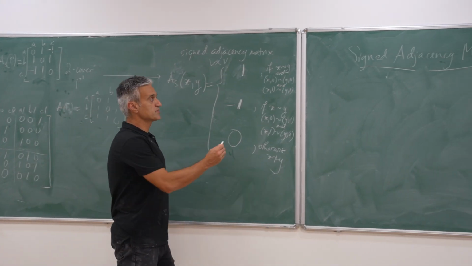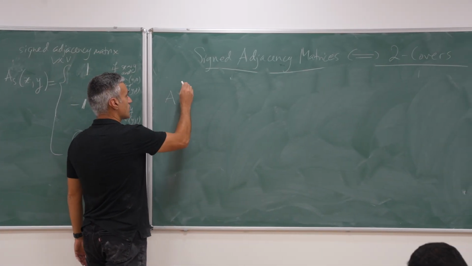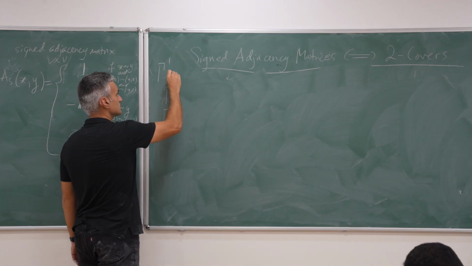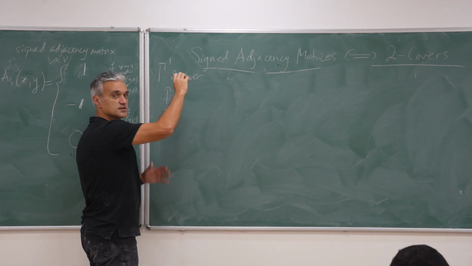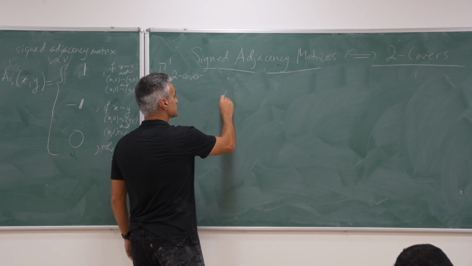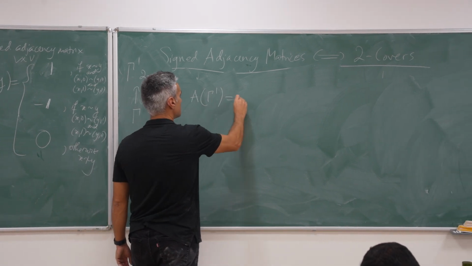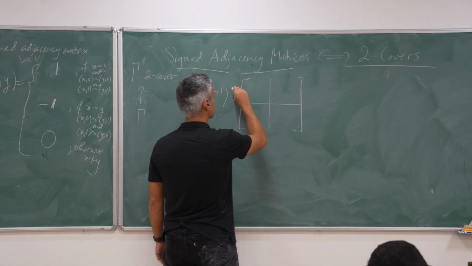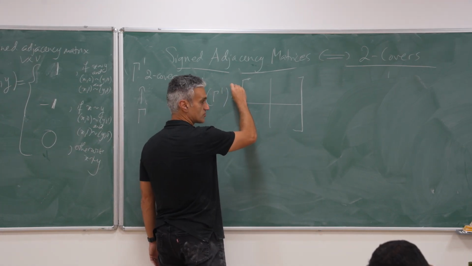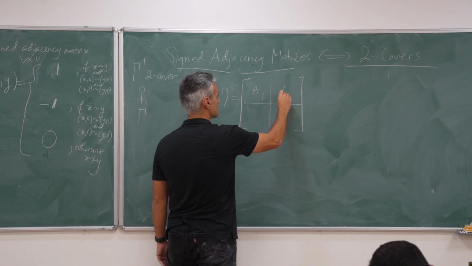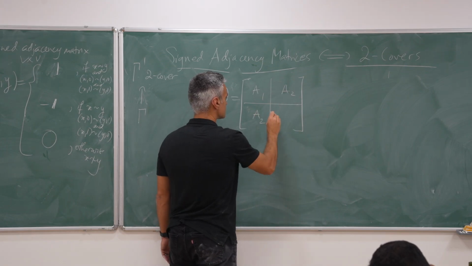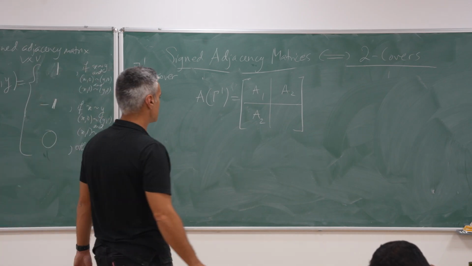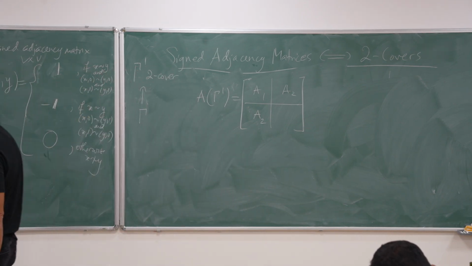So in general, gamma is my original graph, and gamma prime is the 2-cover, the bigger graph. So the adjacency matrix of gamma prime will be something like this. If you put the vertices of gamma times 0, you will have some matrix A1 here, some matrix A2 here, some matrix A2 here, and here, what do you notice?